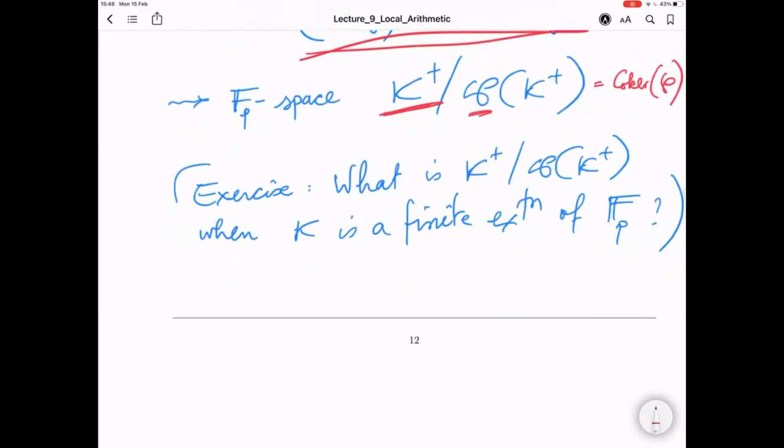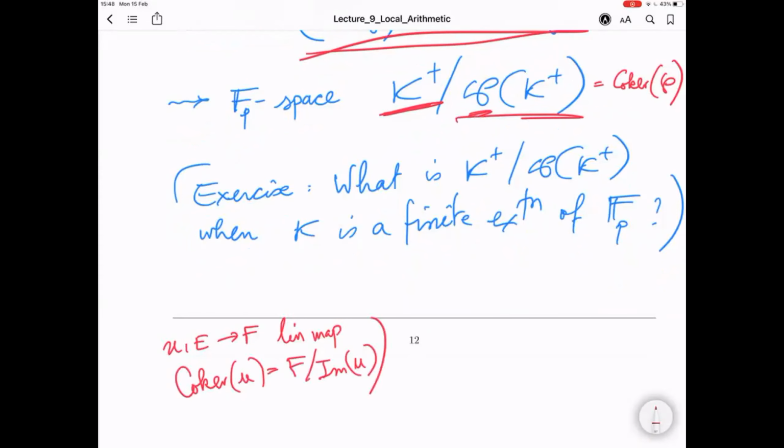If you have a linear map U from E to F, vector spaces, then the co-kernel of U is F divided by the image of U, right?